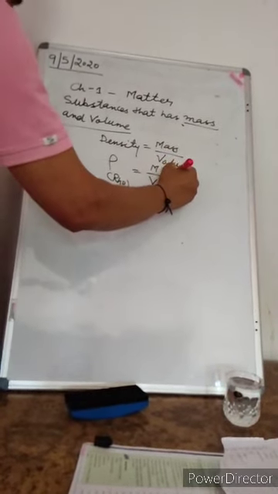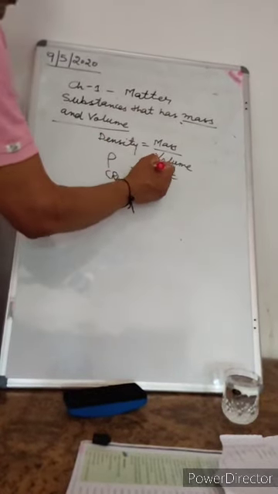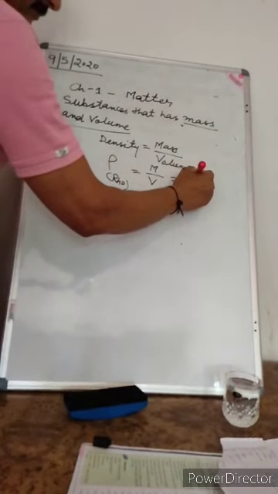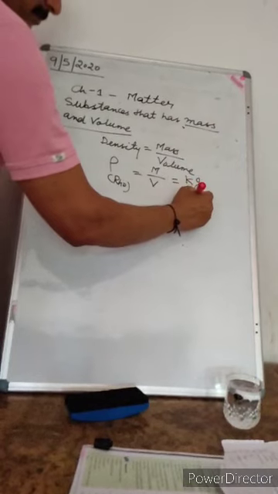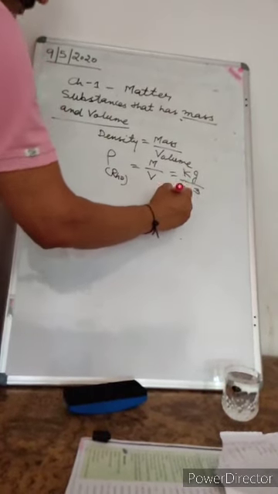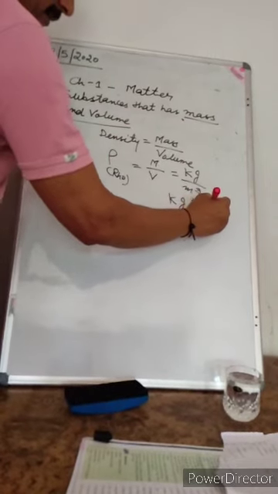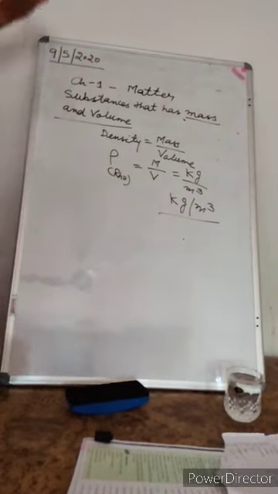Now here we can derive the SI unit of the density. As we know that the SI unit of mass is kg and the volume is meter cube. So it can be written like this, kg per meter cube. So this is the density of the matter.